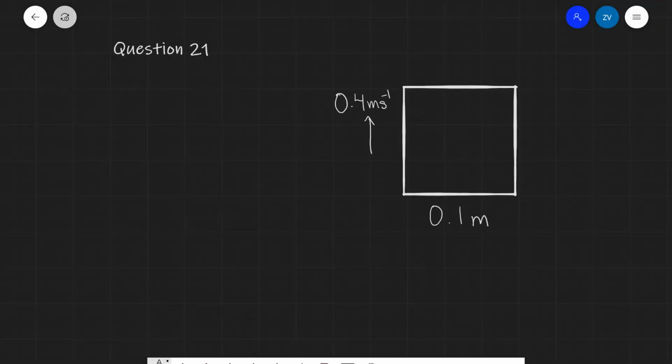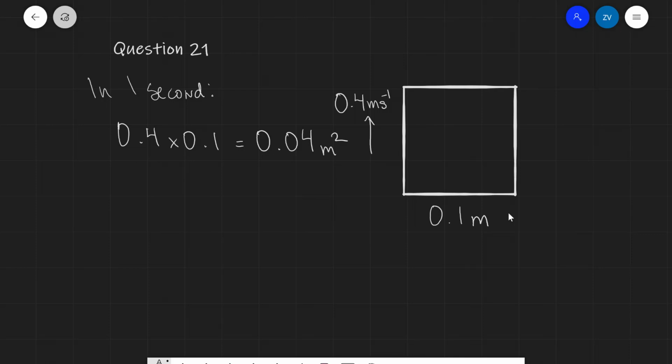Okay, so question 21. Now we have the speed of the belt, which is 0.4 meters per second, and we also have the width, which is 0.1. Therefore, the cross-sectional area in 1 second is simply going to be 0.4 multiplied by 0.1, which is equal to 0.04 meters squared.